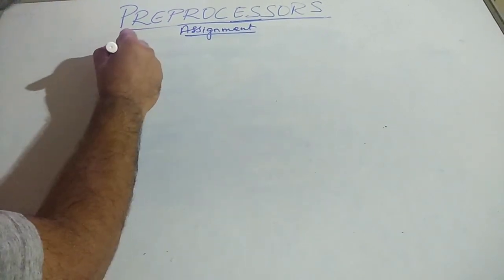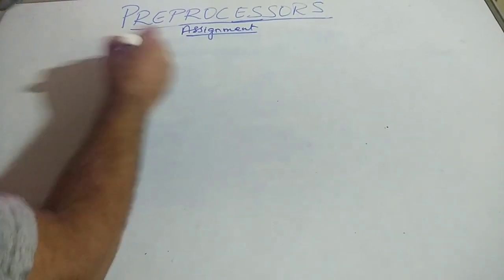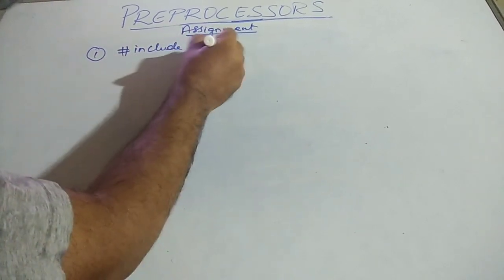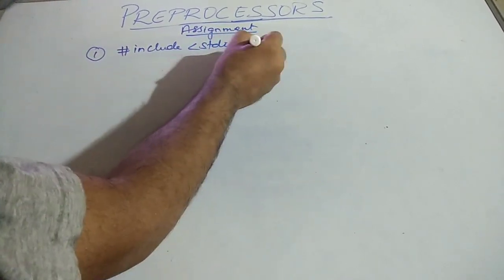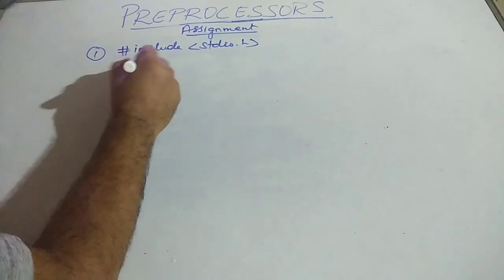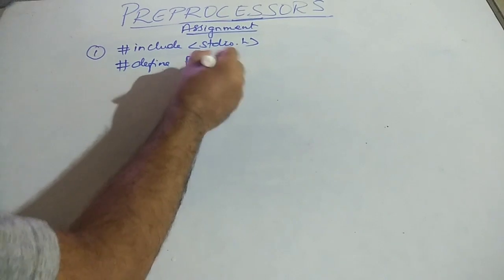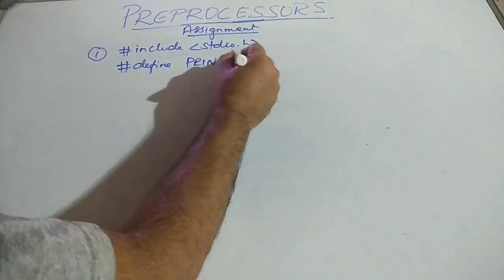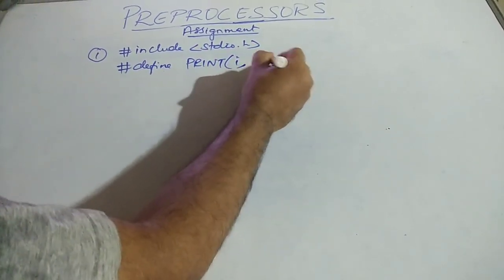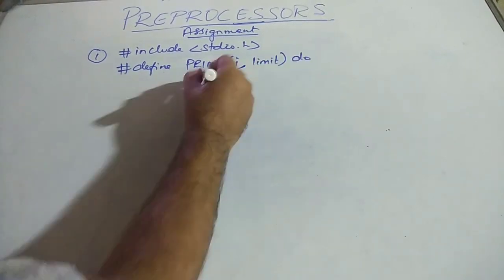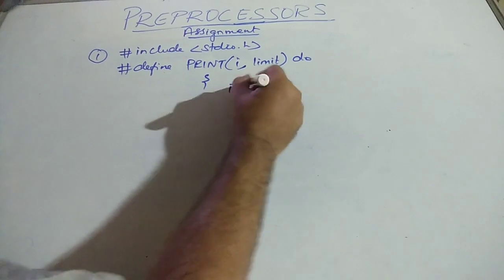So first one is, hash include stdio.h. So I'll say hash define. I'll use one function name called print. I'll pass two parameters, that is i and limit. So what I'll say? I'll say do, perform the operation.